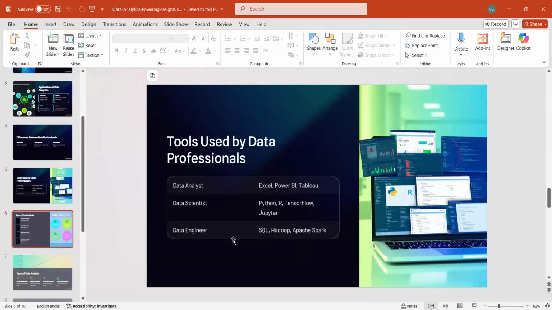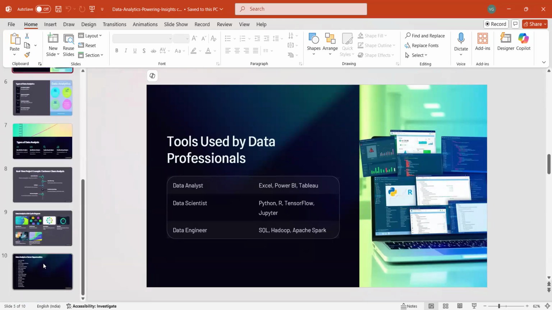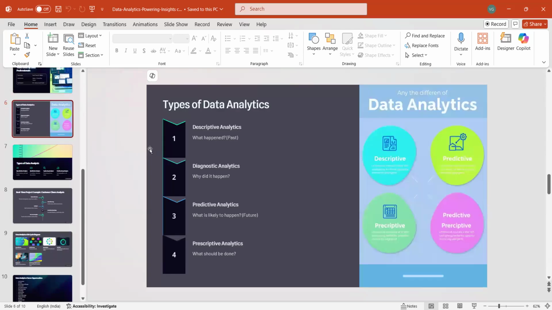And again, here we'll understand the types of data analytics. This is a very important topic, right? So what are the types of data analytics we have? In statistics, we have types of data analysis. Data is either qualitative or quantitative. One is numerical and the other is non-numerical.